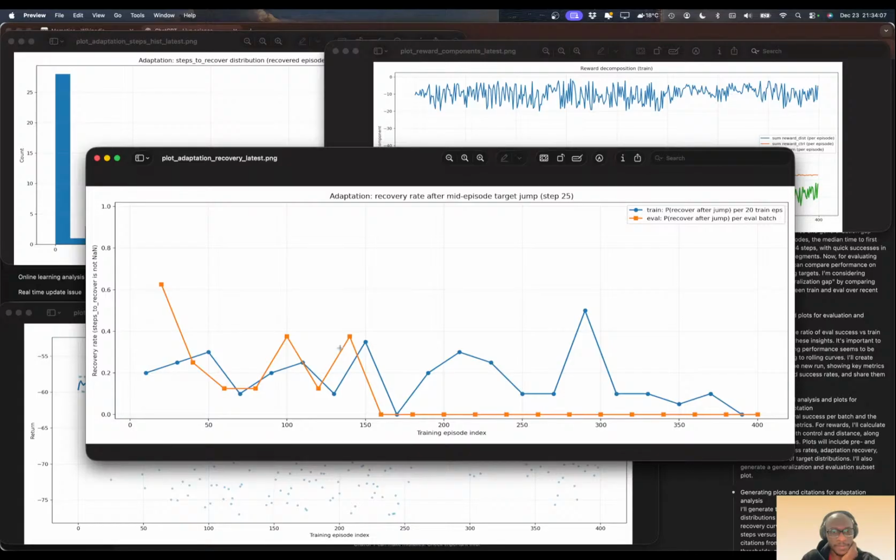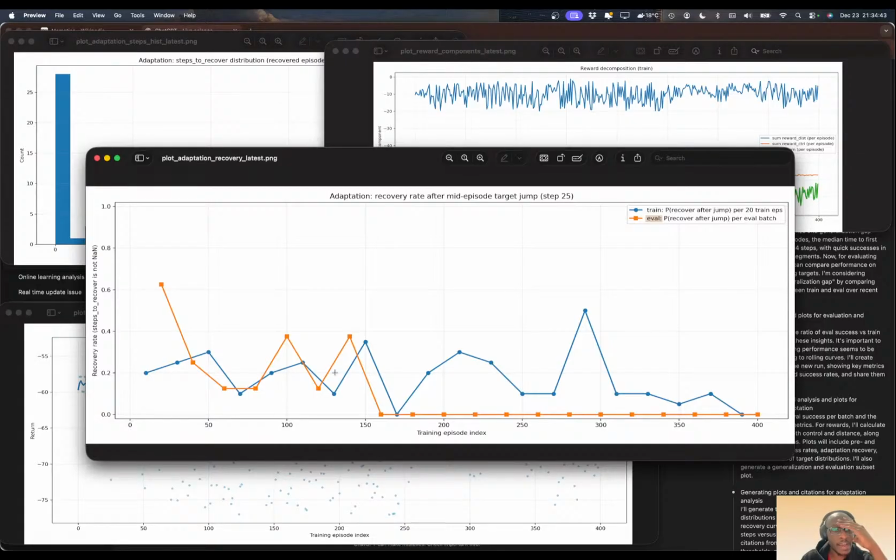Now here's the recovery. So this is the adaptation, and how well it recovers during training. If it's down, how well does it recover, and if it recovers, how well does it keep that recovery? Now the blue is training, and then 20 train epochs or episodes, and then recovery after jump.